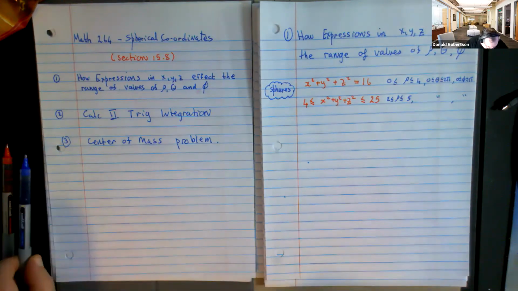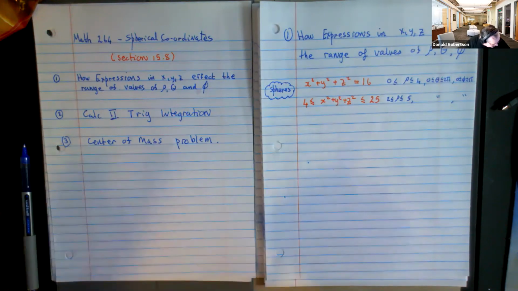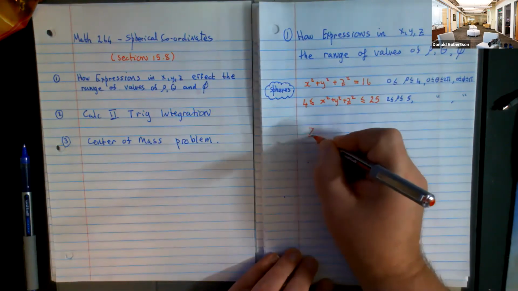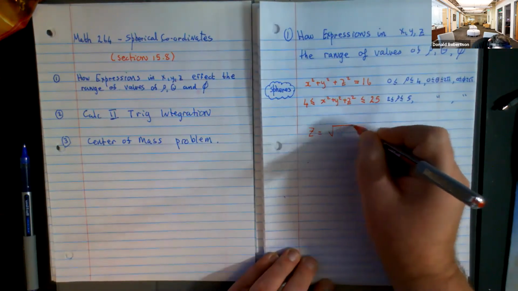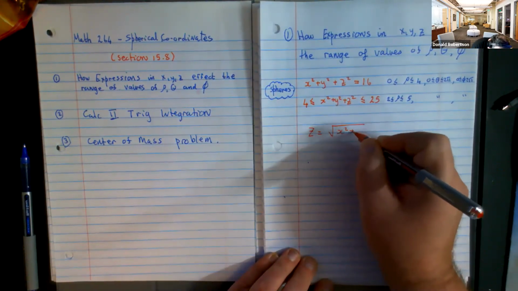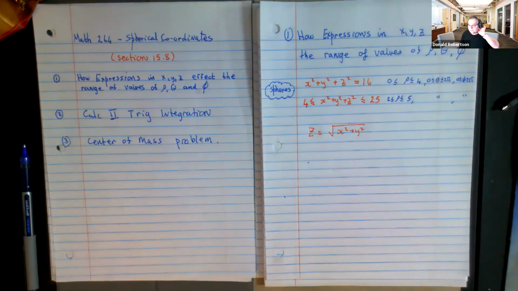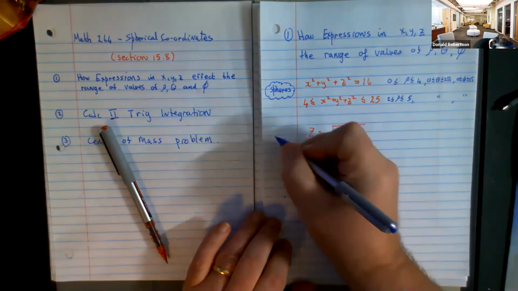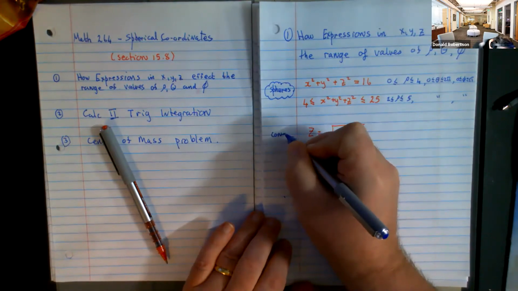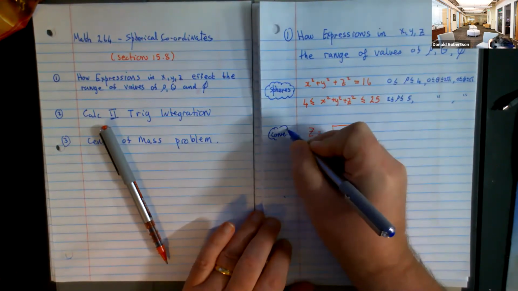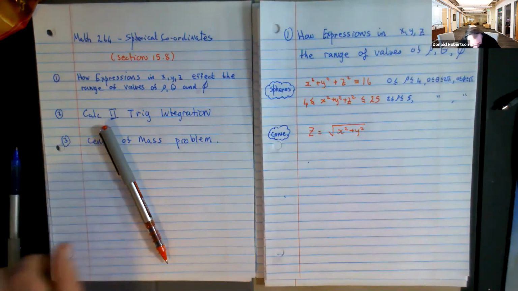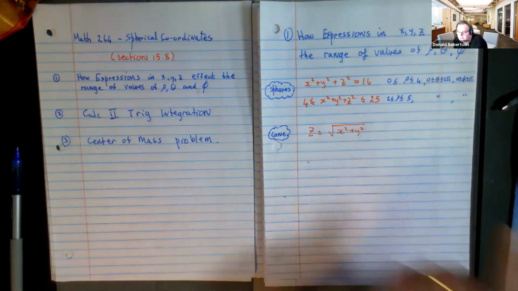Okay. How about a restriction like z equals the square root of x squared plus y squared? Which, by the way, is a cone. Now, we did this one yesterday.